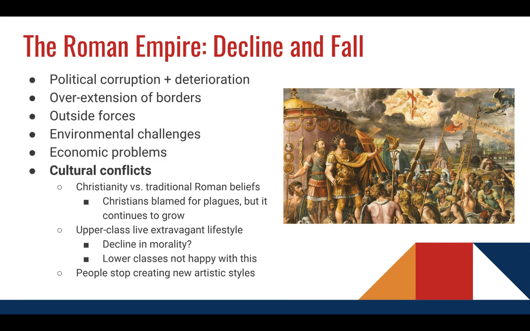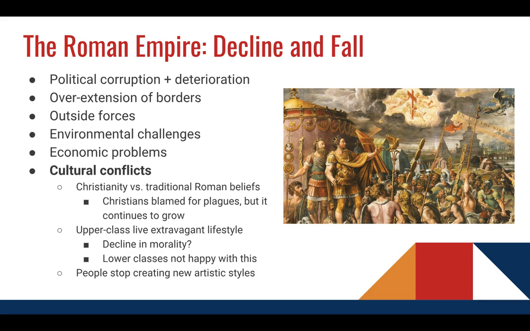Some other cultural conflicts are that rich versus poor conflict that we see, the upper class living extravagant lifestyles. There are some historians who claim that one of the reasons Rome declined is because it had a decline in morality. And of course, the lower classes were not happy with these extravagant lifestyles when they were living in poverty, which leads to even greater conflict.